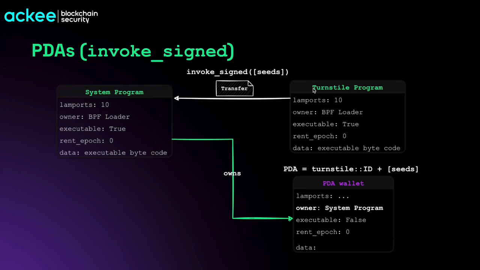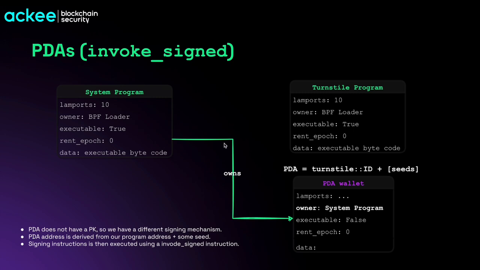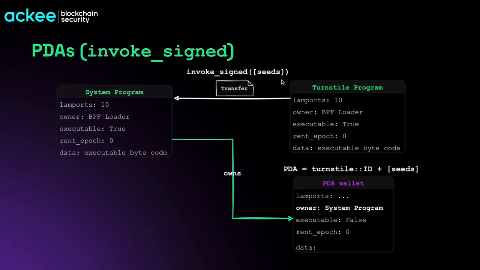So that means our program is calling the invoke sign function to a System Program, and we supply the seeds of the PDA account or the PDA wallet that we want to subtract from. So in our case, we'll call invoke sign to the System Program. System Program can verify from the actual PDA address whether the program owns that particular PDA wallet and execute that transaction on behalf of our program.